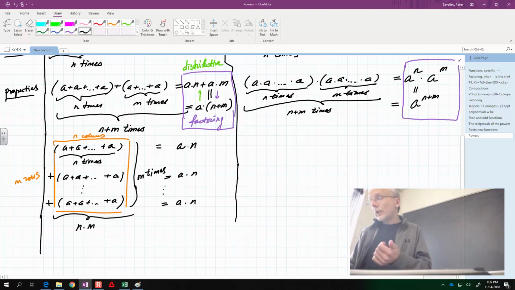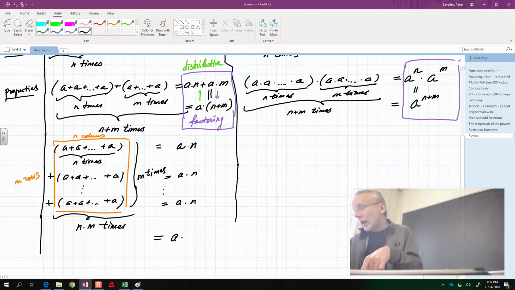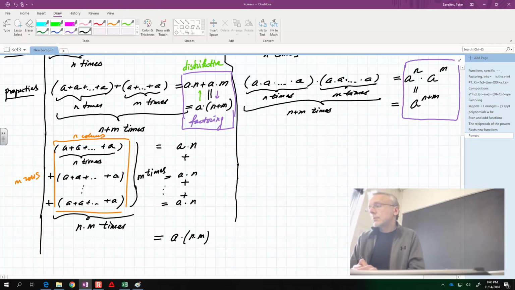So altogether a appears n times m times, which means that the whole thing is a multiplied by n times m, right? Okay. So on one hand. On the other hand, if I start adding these, it's supposed to produce the same result. Okay, so this is it.